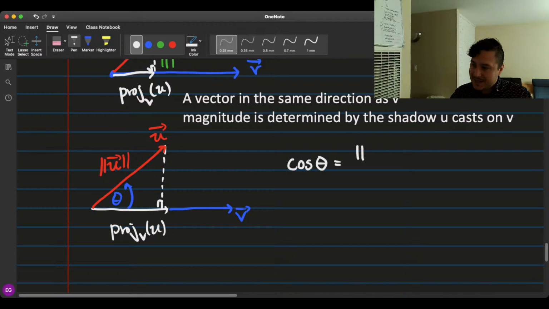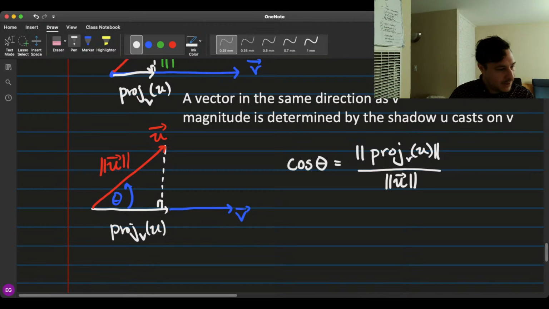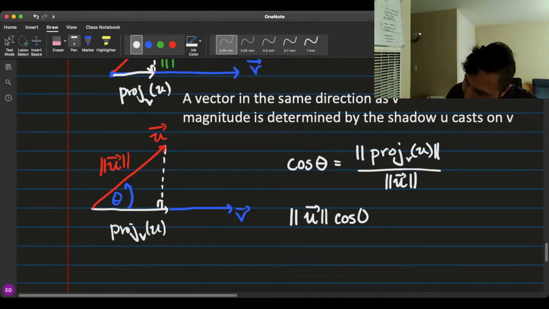The bottom side is the magnitude of the projection of u onto v, divided by the magnitude of u, which means that the magnitude of u times the cosine of theta is equal to the magnitude of the projection of u onto v.